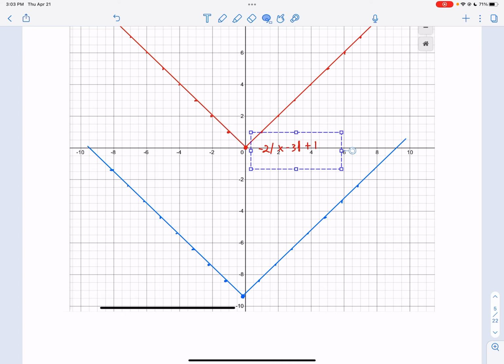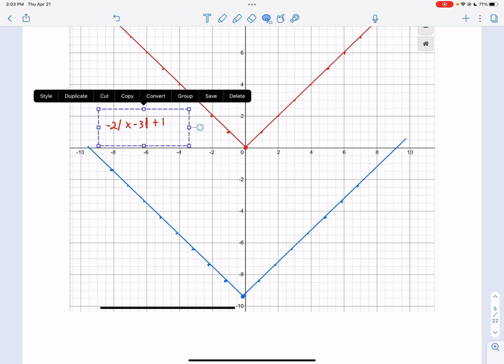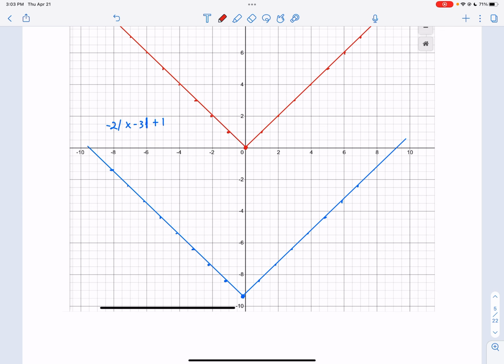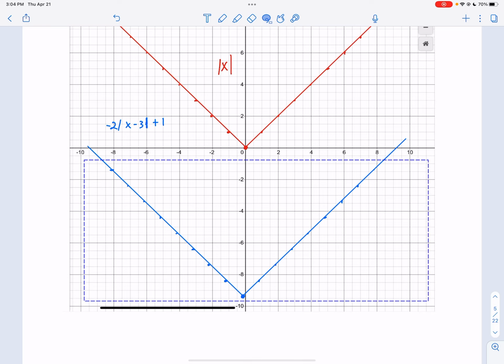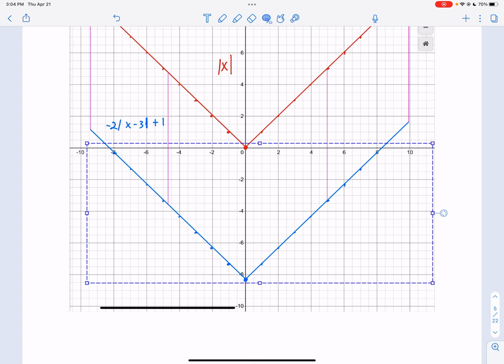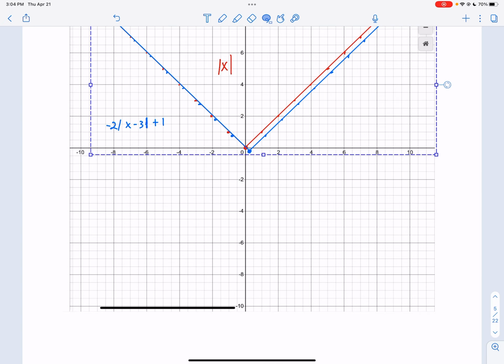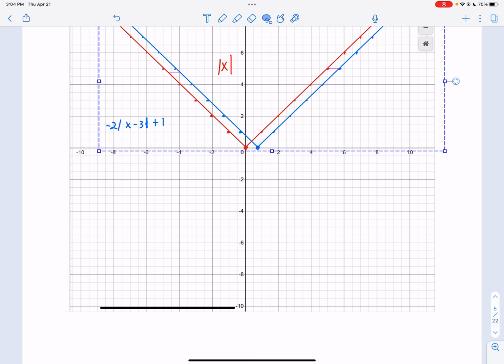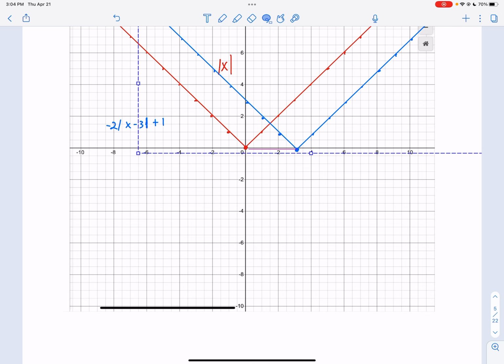I feel like this right here is the best place to put it. And this right here was absolute value of x, just a straight up absolute value of x. So we need to figure out where to put our vertex, okay? So our absolute value equation started right here originally. And that minus 3 on our x says move it to the right by 1, 2, 3.